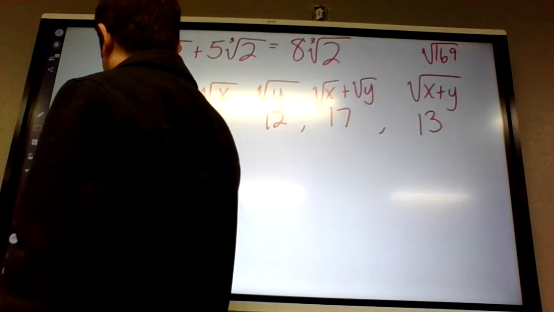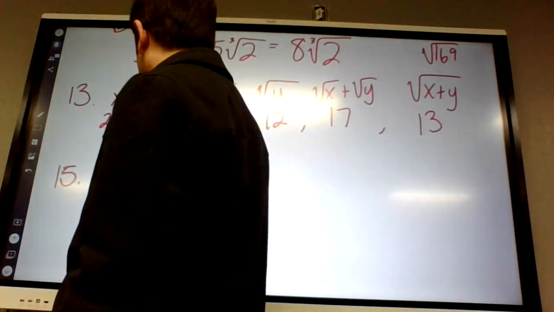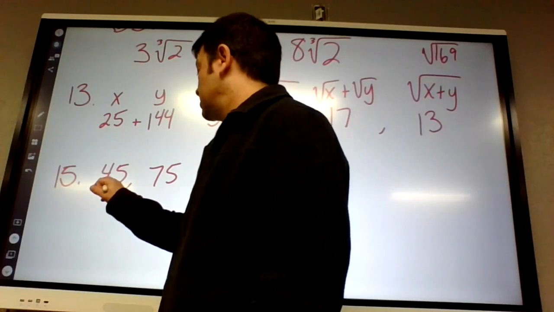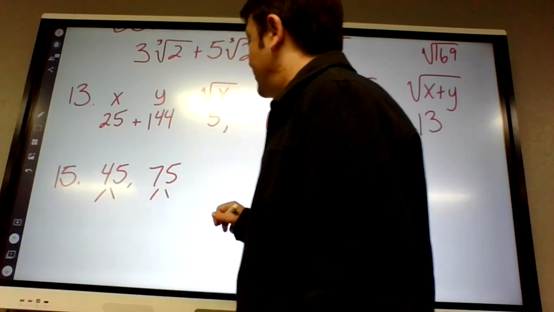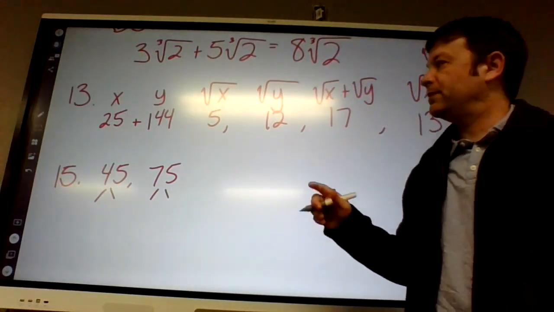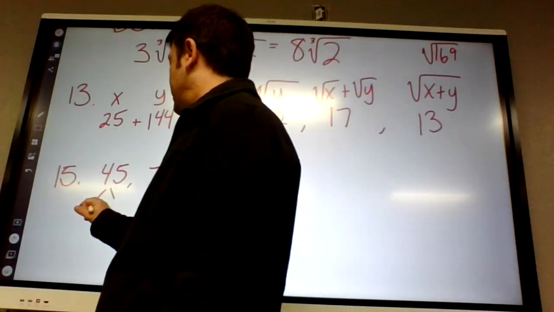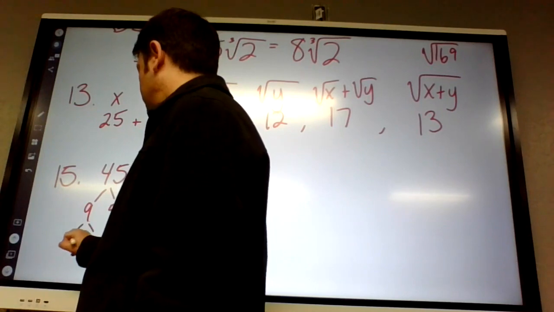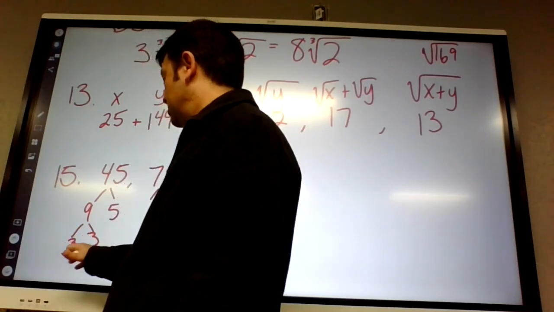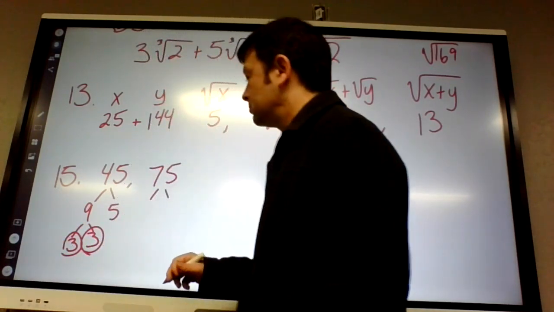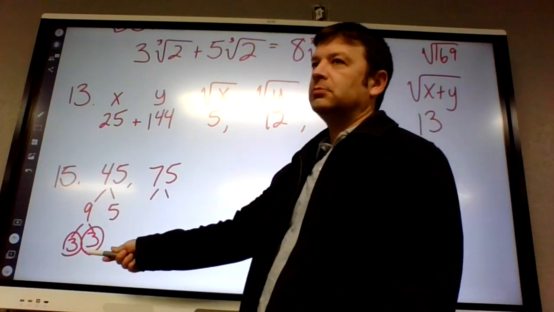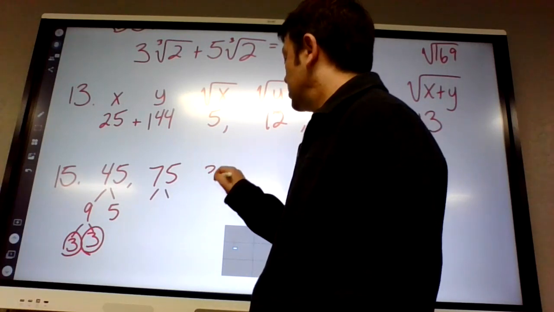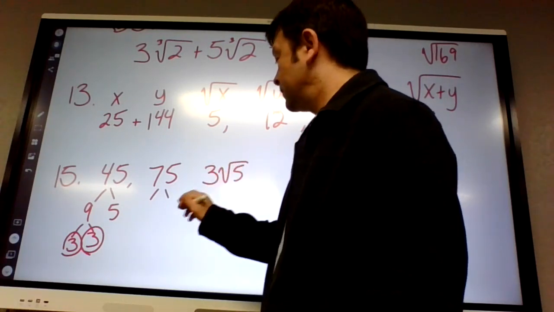So we got 45 and 75. Okay, so the first question is what's the square root of x? So what's the square root of 45? So Emily, what's the square root of 45 going to be? 3 square root of 5.